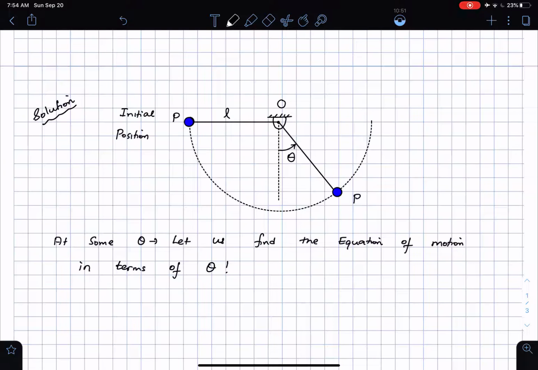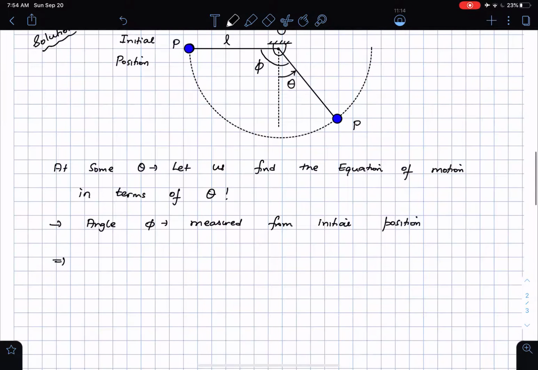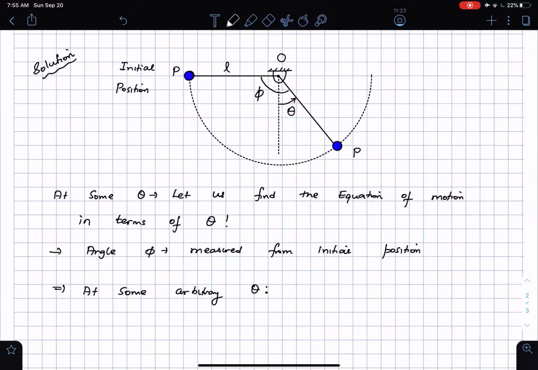But here is what I want to do first. I'm going to call this entire angle here the angle phi, because the angle phi is measured from the initial position. Which means that at some arbitrary theta, what is the relationship between theta and phi?